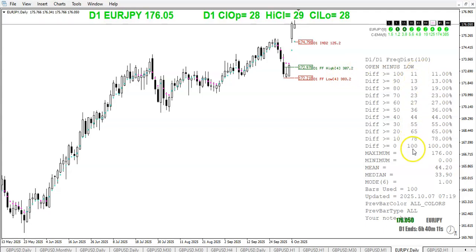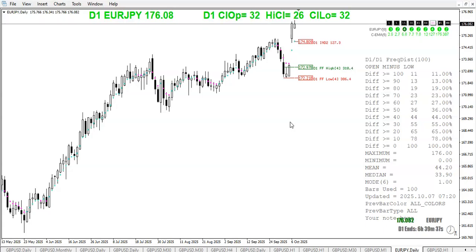So here's your open minus low. In this case, it seems like price wants to go up with the Euro Yen more than down, at least over the last 100 days. So you might want to look at the last 100 or the last 90, or maybe just the last 30 days or 60 days to really try and hone in.